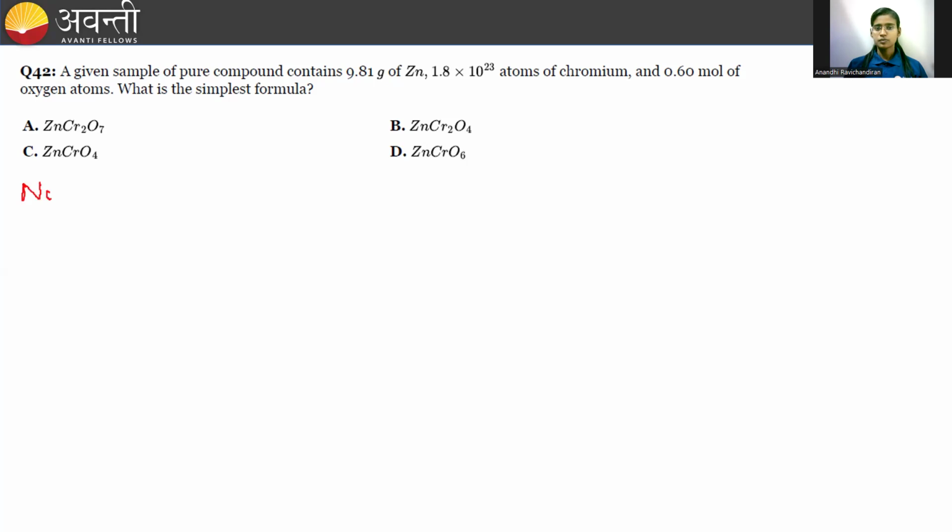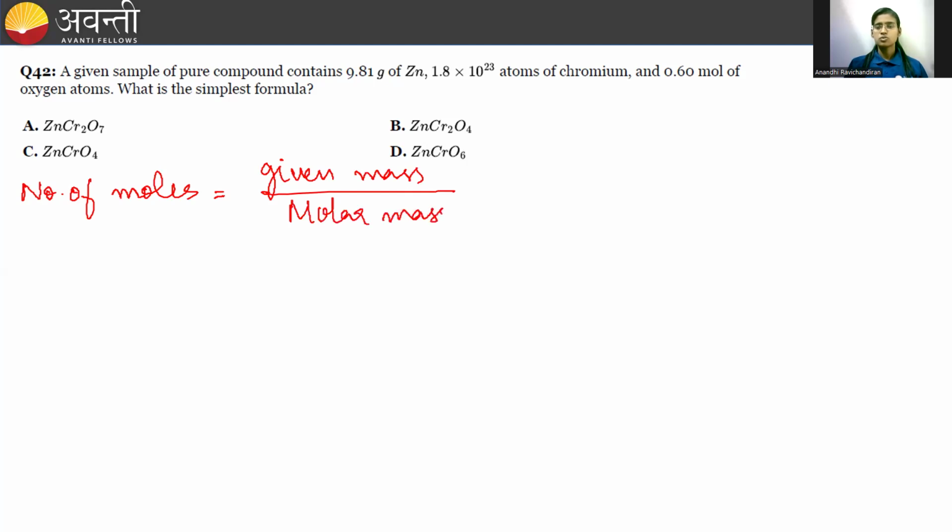One is number of moles is equal to the given mass divided by molar mass. So this is one formula to find out the number of moles.